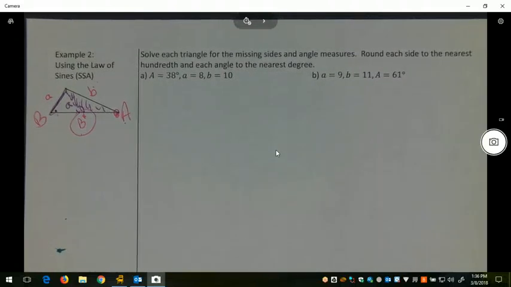The formal reasoning for why there would be no triangles or just one triangle is a little bit more complicated in terms of equations, and we usually take careful time to explore that and detail that in pre-calculus. For now, you're going to go through the steps and realize, wait a second, these answers aren't making sense, so that there's either not a triangle or there is only one triangle.